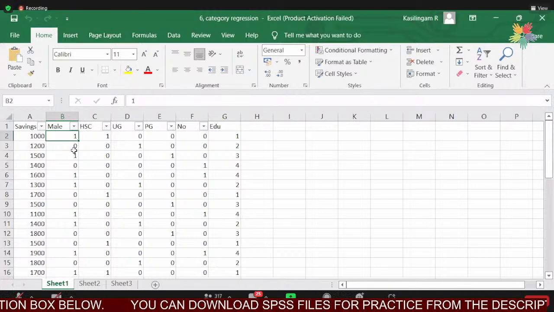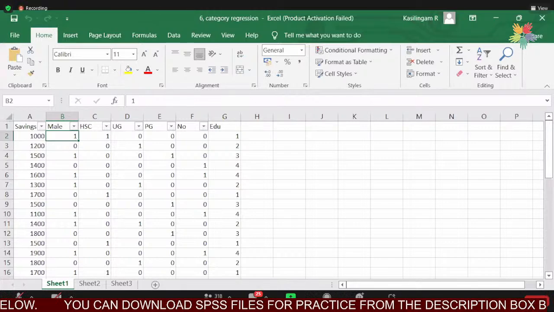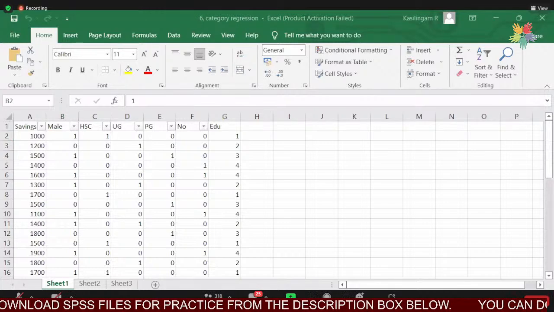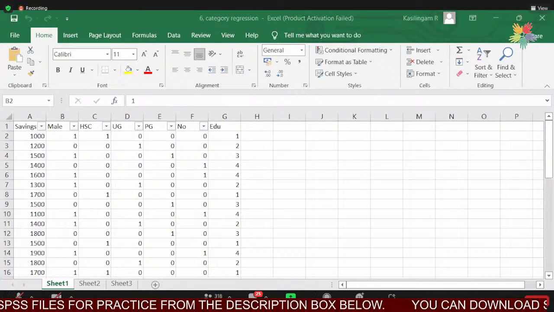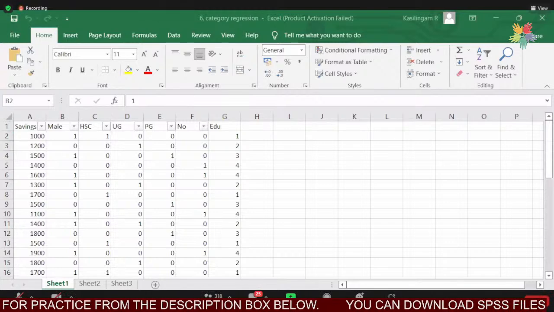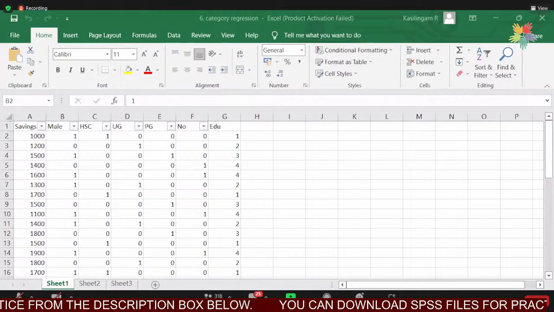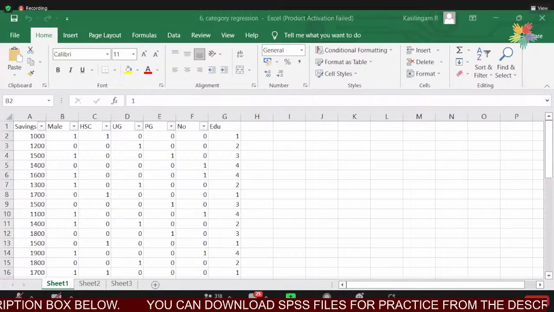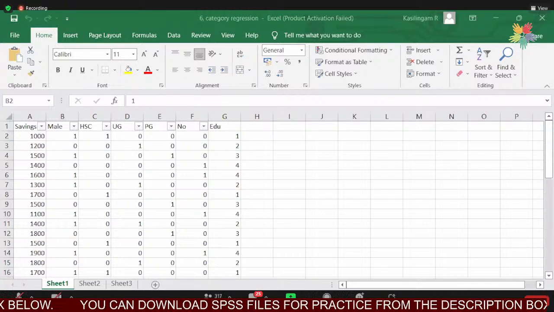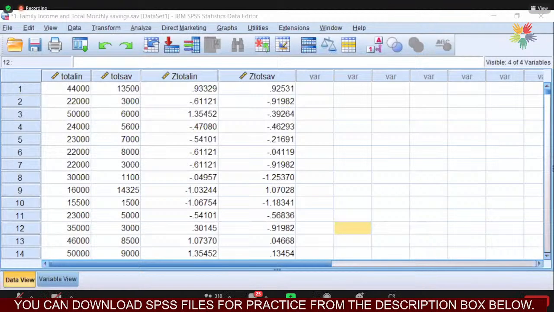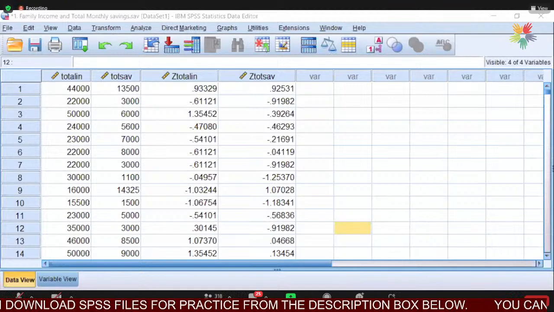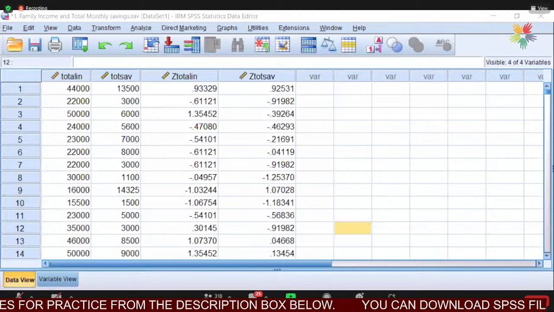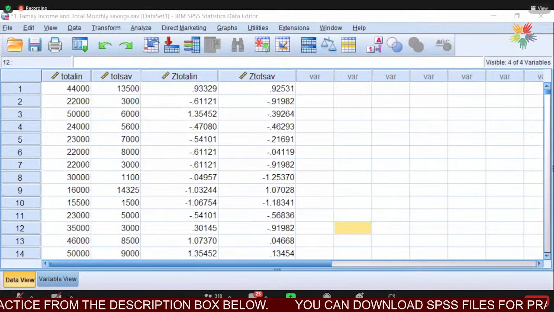How to interpret, I will tell. So now let me go to the data. Let me go to the SPSS. Okay, this is a dummy, one is male. So now this dummy is my independent variable.